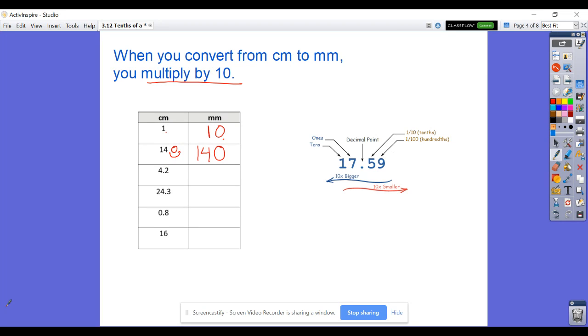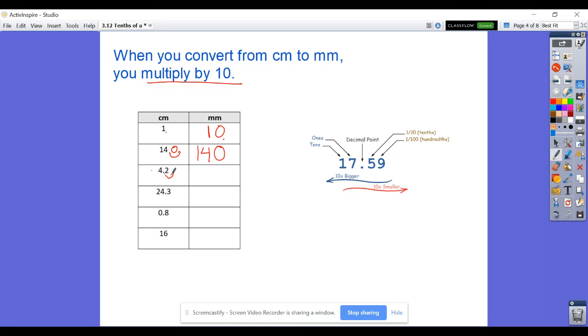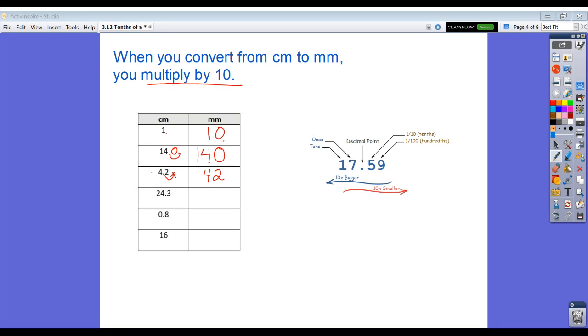Well, guess what? The place value rule still works even when you have a decimal. If I had 4 and 2/10 centimeters, and then I multiplied by 10, it's like I'm moving over one place value, or moving my decimal, so that would actually be 42 millimeters.